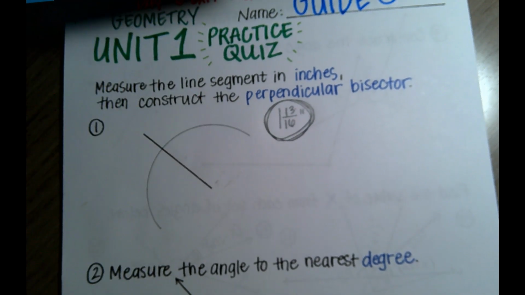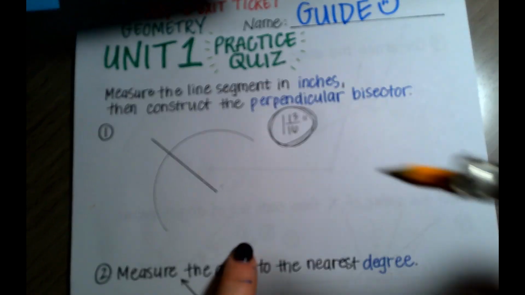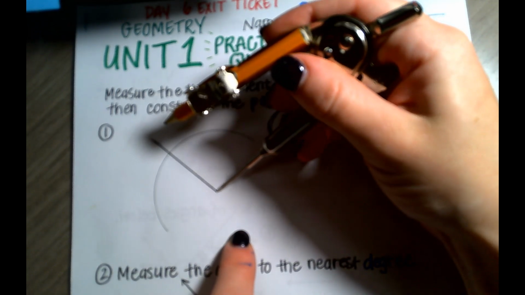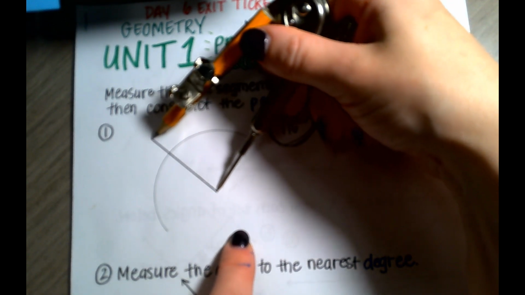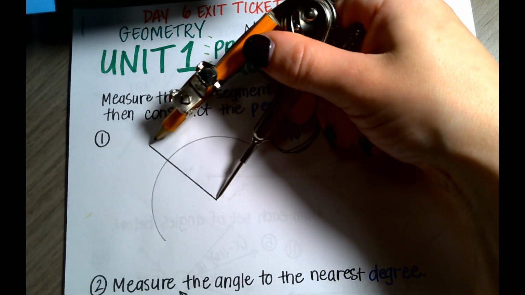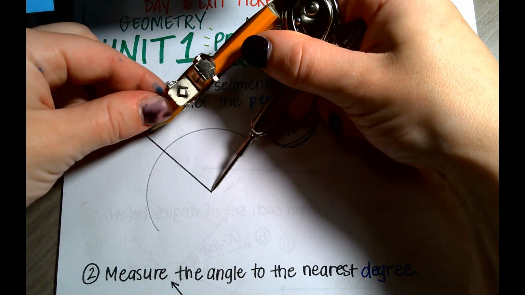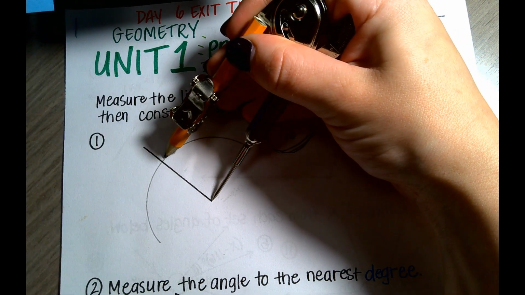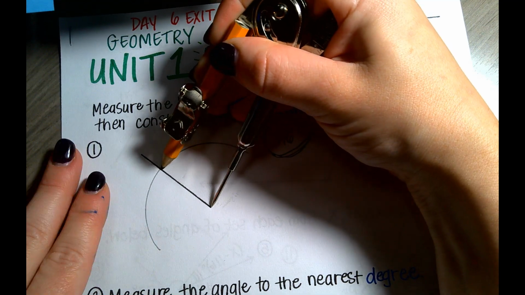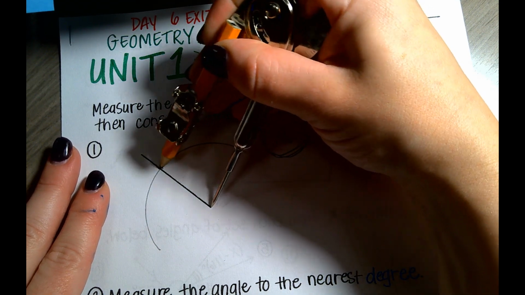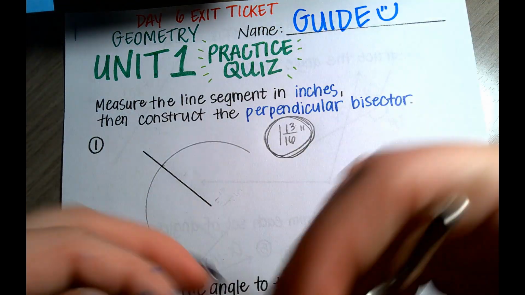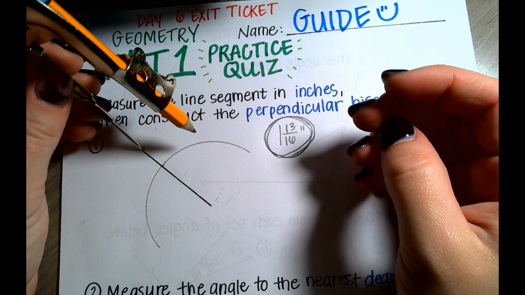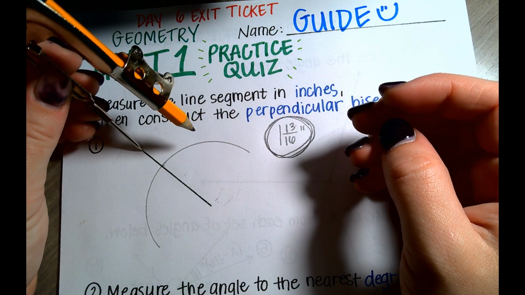Now, before you do this, I would recommend remeasuring, because I just put my thing down and look at that. It was not the same size as my previous arc. So I'm going to adjust my compass and make sure that it is open at the same distance as the first one. Okay, now I'm going to hold it there, flip it to the other side, and draw another arc.